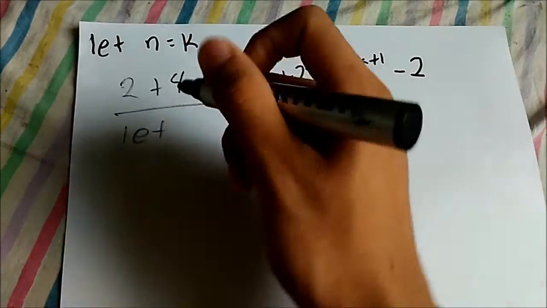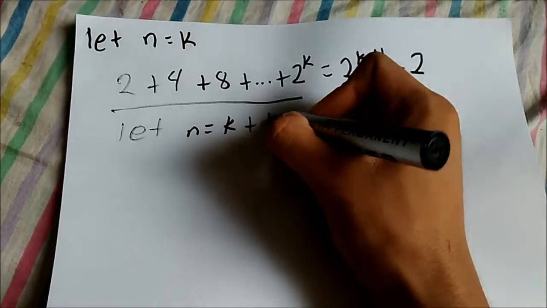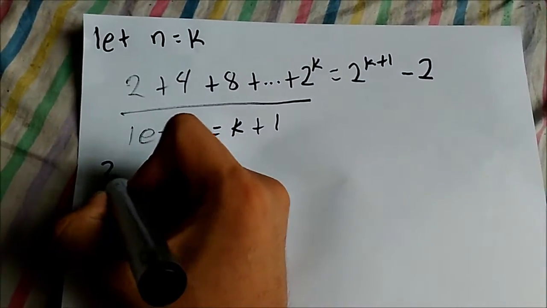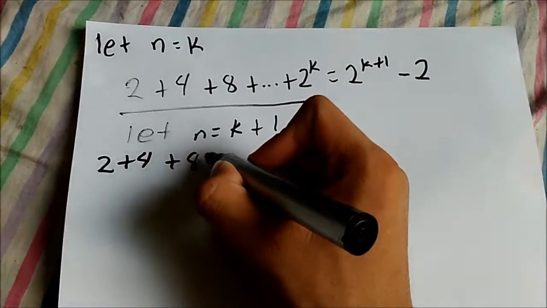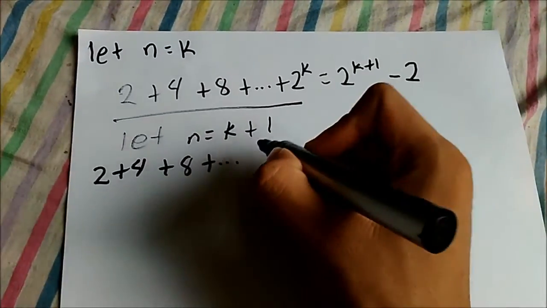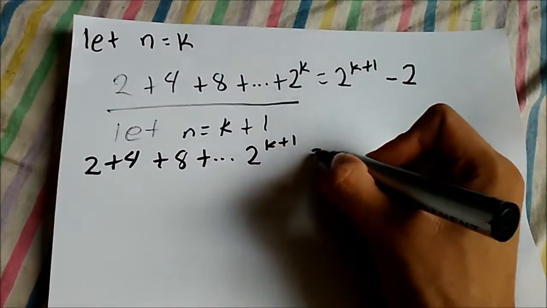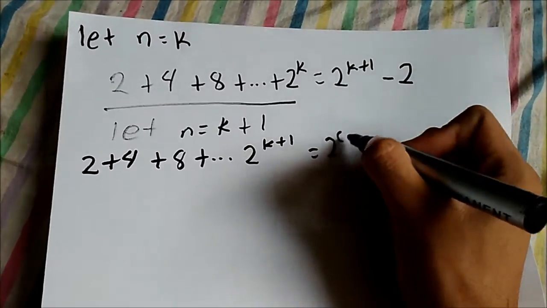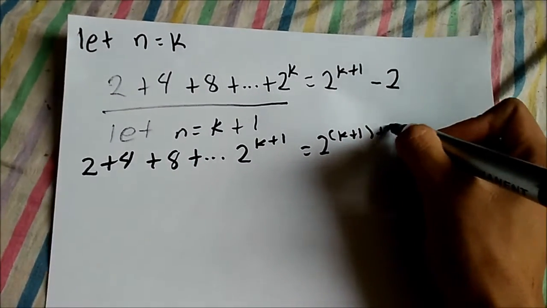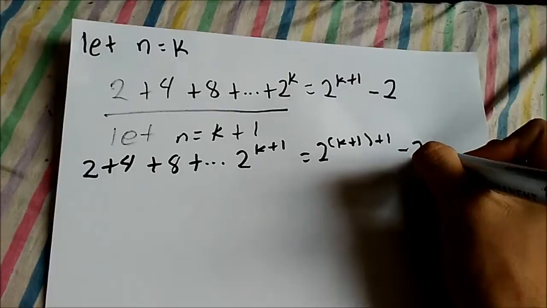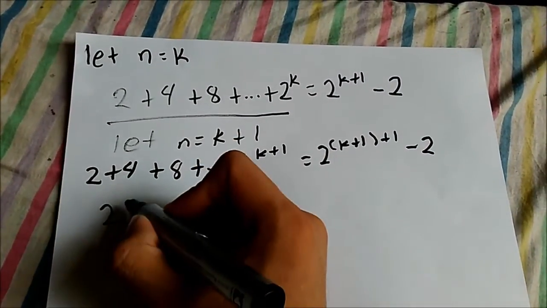So the next is let n is equal to k plus 1. So replace k by k plus 1. So 2 plus 4 plus 8 plus 2 raised to k plus 1 is equal to 2 raised to k plus 1 plus 1 minus 2. So replace it because it is also equal to 2 raised to k plus 1 minus 2.